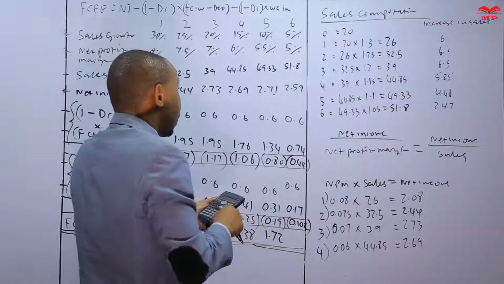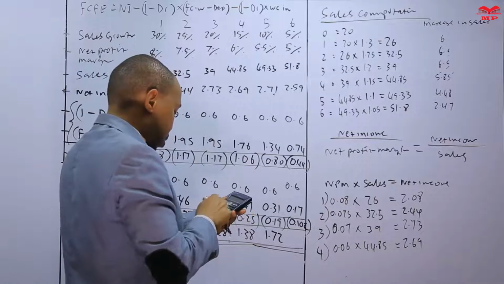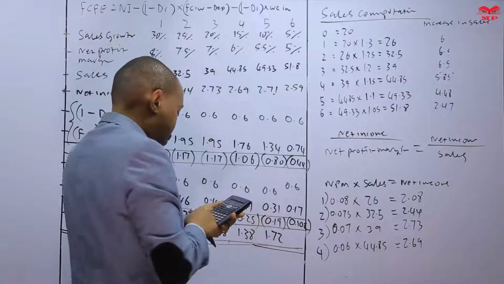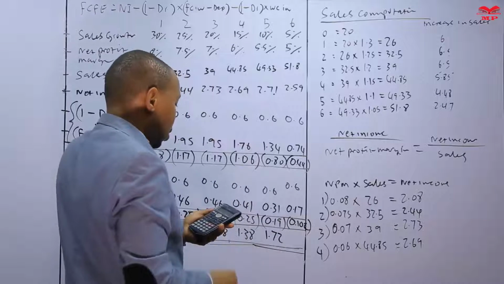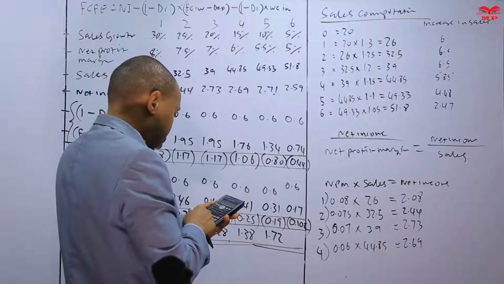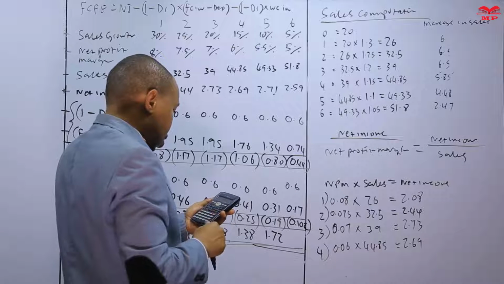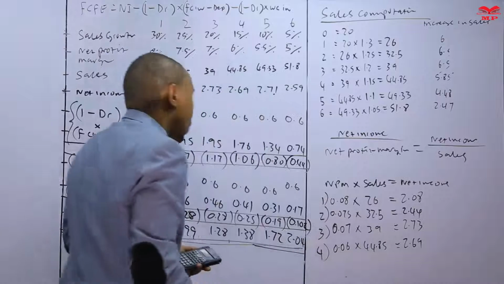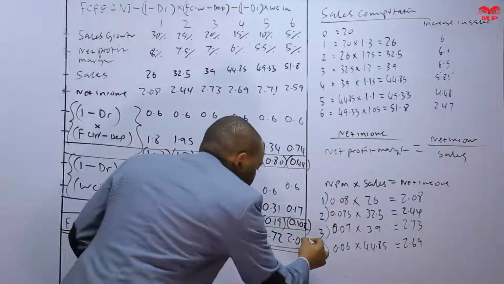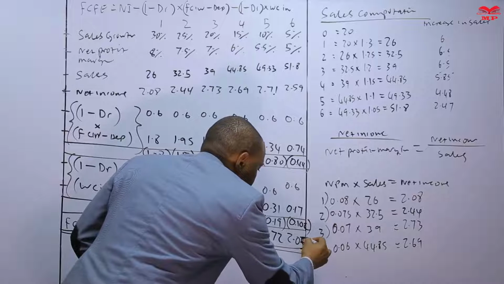Finally, we have 2.59, we less 0.44, then less 0.102, 2.048, let's say 2.05. Done.